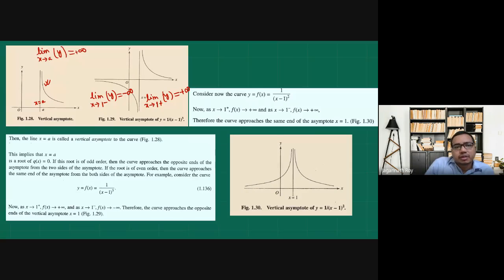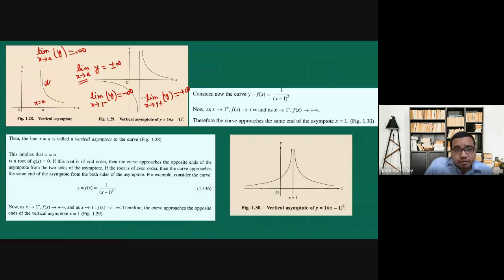So by the definition, if we have x goes to a, and y is plus or minus infinity, then we will call x equals a a vertical asymptote.